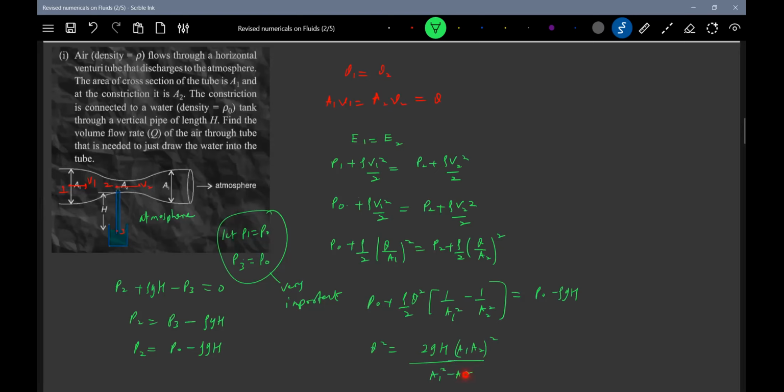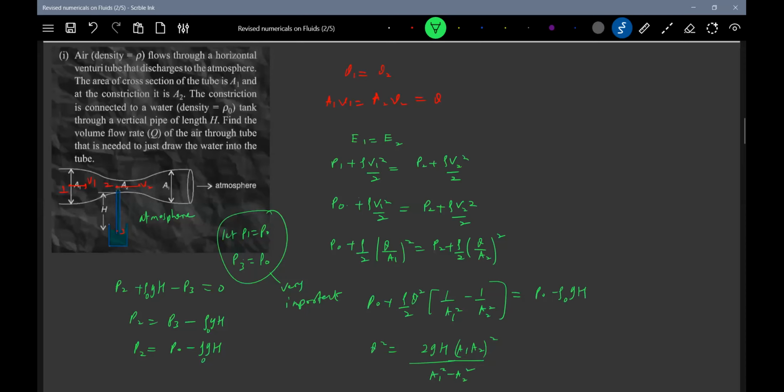Okay, I'm directly solving it. You have to make an observation. The under root of this. Oh, sorry. Density of liquid here. The construction is connected to a water tank. Density of liquid rho naught. This will be the other density.